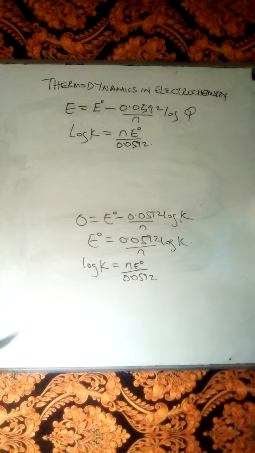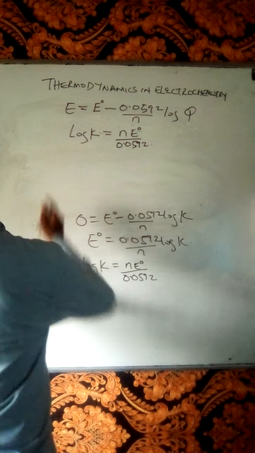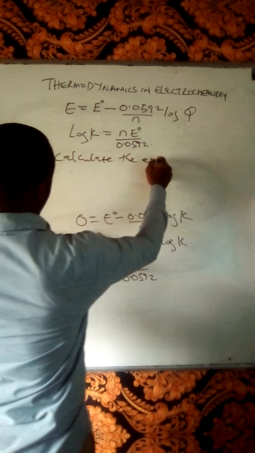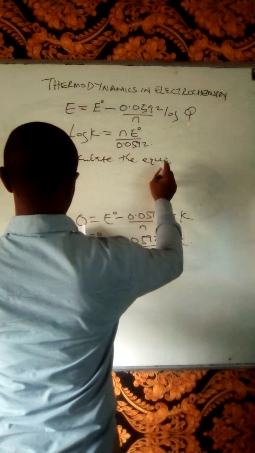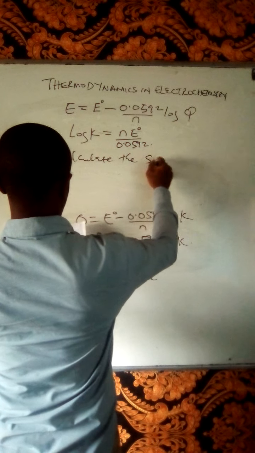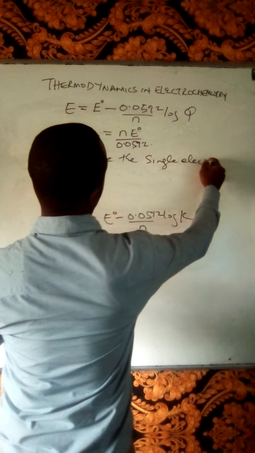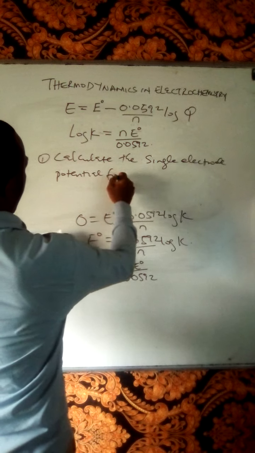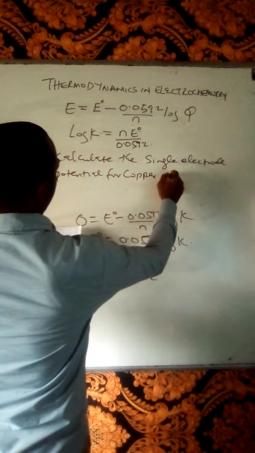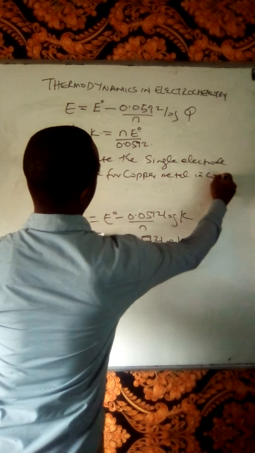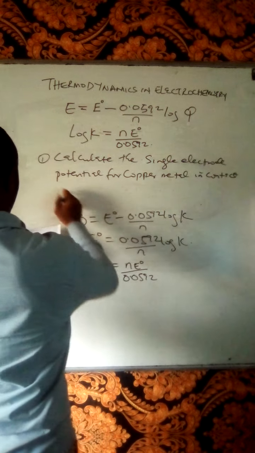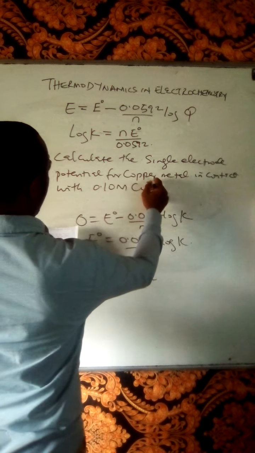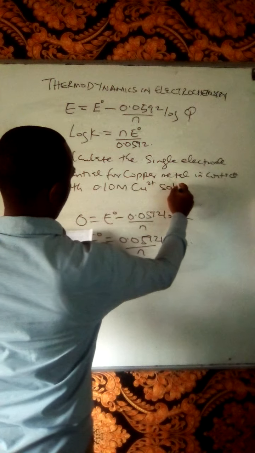The first question says, calculate the single electrode potential for copper metal in contact with 0.10 molar copper 2 ion solution.